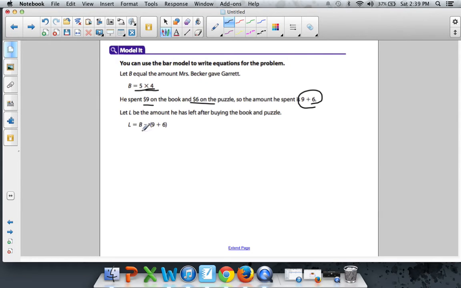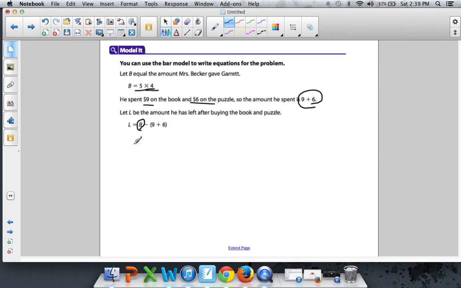And what this says right here, this B right here, that B is how much money Miss Becker gave Garrett. Why a B? Just because it's the first letter of Becker, and that's like the money she gave him. So you do 5 times 4 first, so you know what B is.